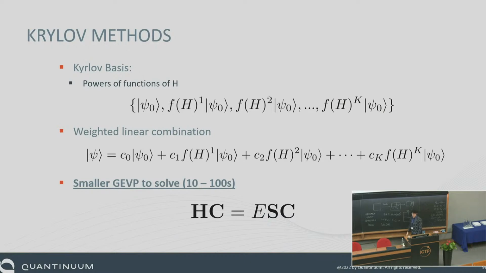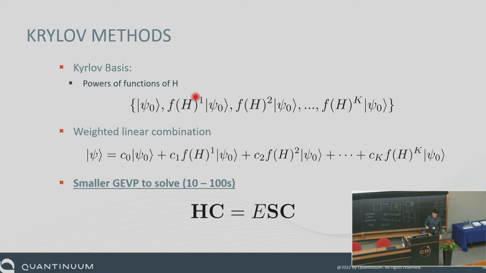is it's a very general method. It's really cool. You again start with the Hartree-Fock method, but then rather than expanding your basis via excitations, you expand your basis via powers of functions of the Hamiltonian, a number of k times. Typically the dimension k is much smaller than the dimension of the previous matrix.